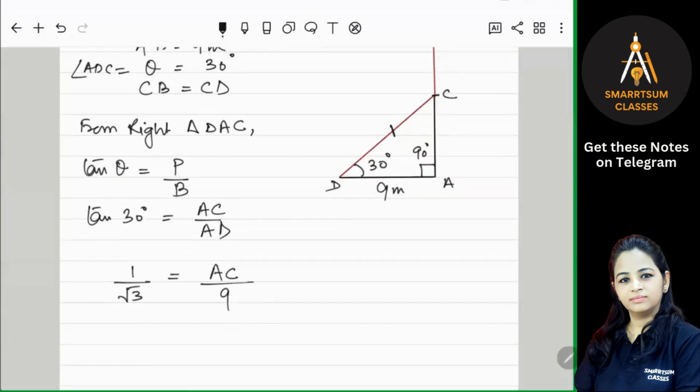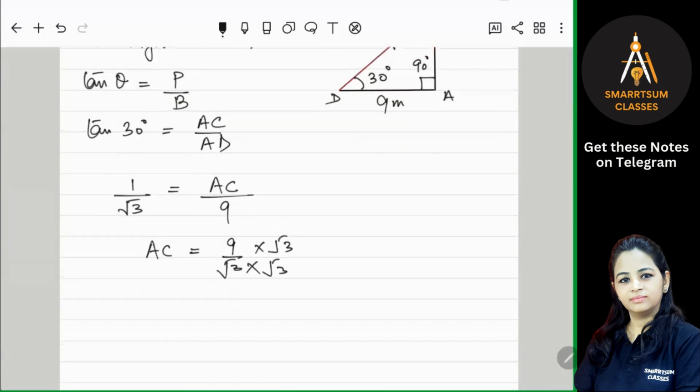So in this way, we can say that AC is equal to 9 upon root 3. Now if you rationalize this by multiplying root 3 in numerator and denominator, it will become 9 root 3 upon 3. So this will cancel, this will become 3. So we have got the value of AC, that is 3 root 3 meters.